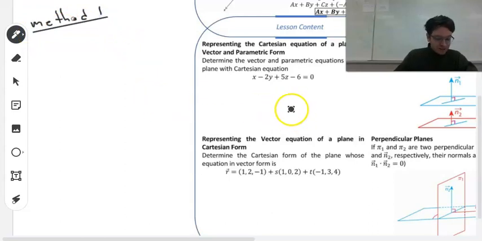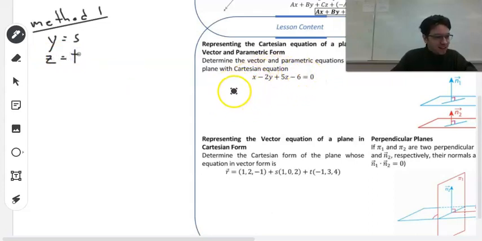Okay, so method 1, we are just going to choose, let's say y is going to be some scalar s. So we're basically choosing parametric equations for y and z. Z will be t. And then we're going to substitute those back into this equation, and I'll do that here. X minus 2s plus 5t minus 6 equals 0.